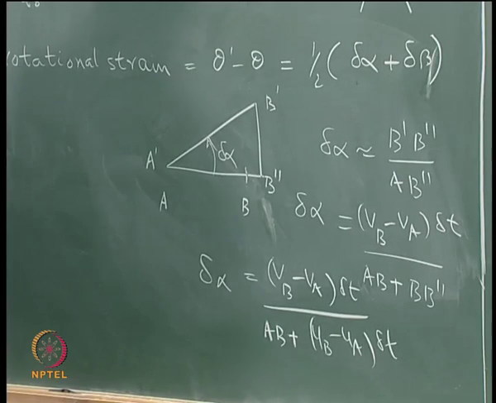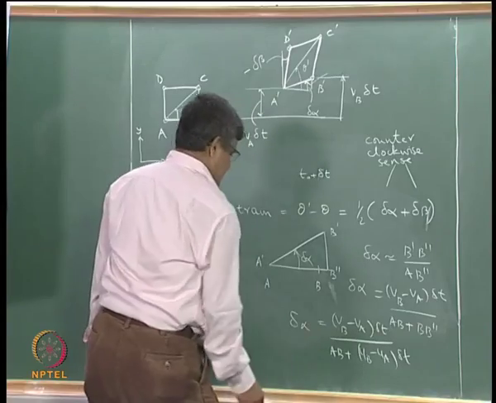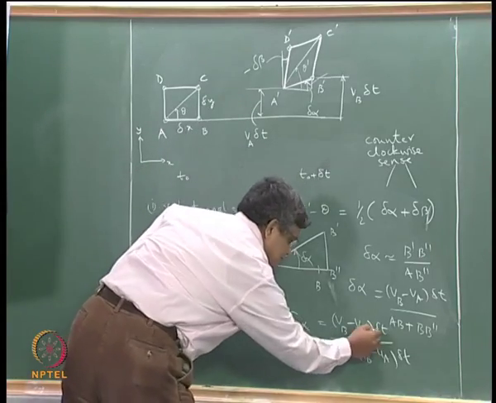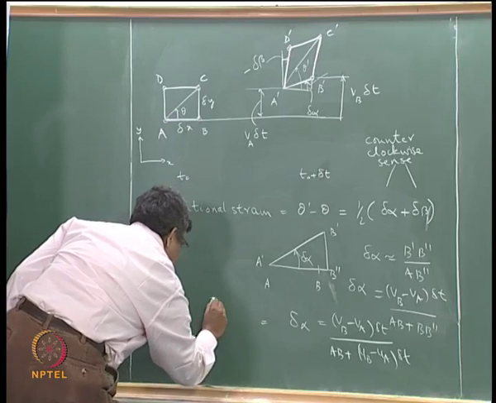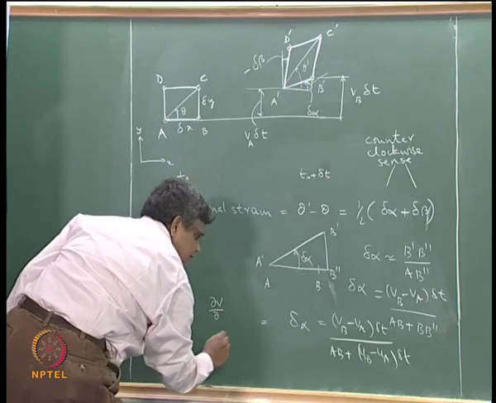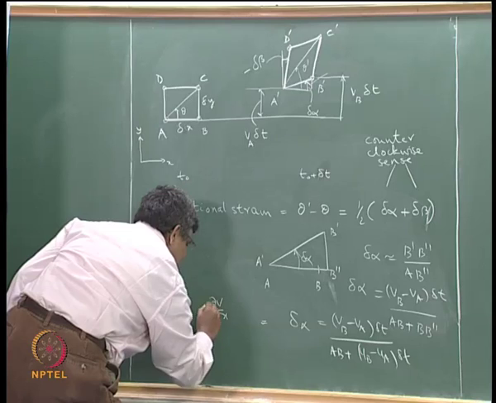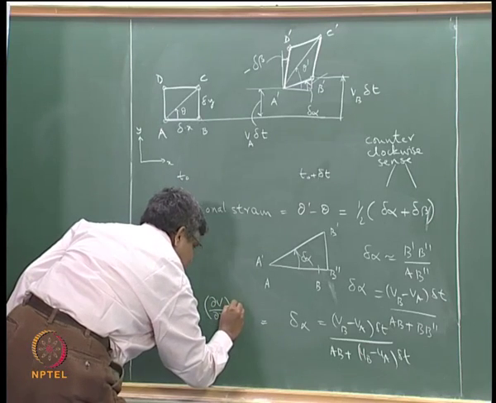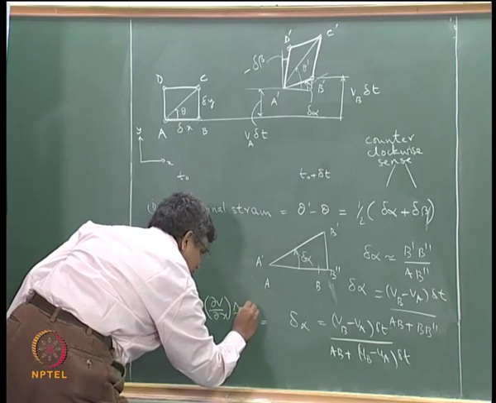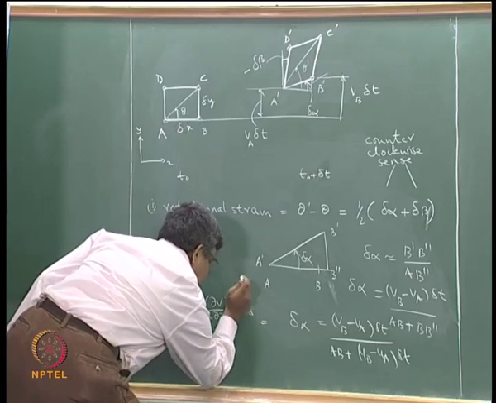Now we can write this as dou V by dou x times delta x times delta t.